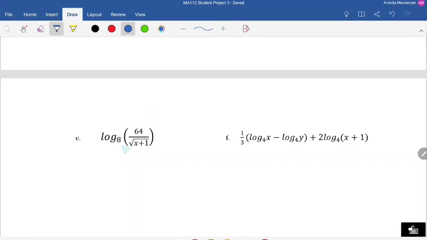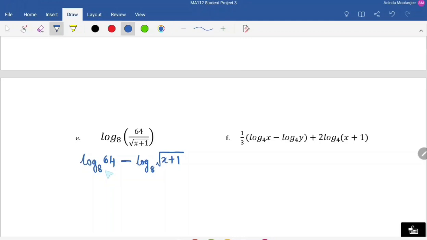So remember, with the quotient rule, there is a minus sign in between the two terms. So it will be log base 8 of 64 will be the first term, and then a minus, and then log base 8 of the square root of x plus 1, right?